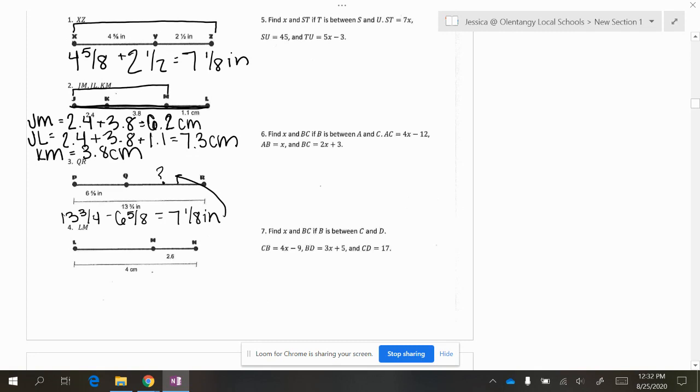And then LM here is the same thing, so I'm going to go ahead and have you try that one on your own. You should receive that LM is 1.4 centimeters.